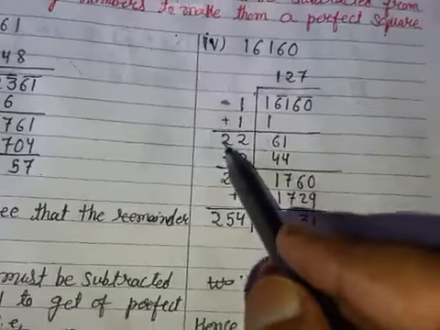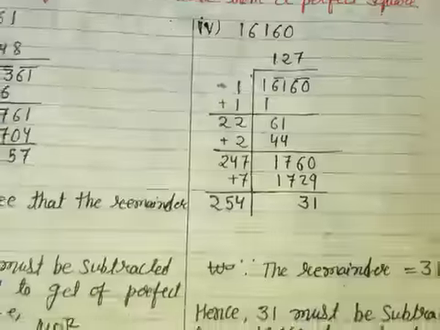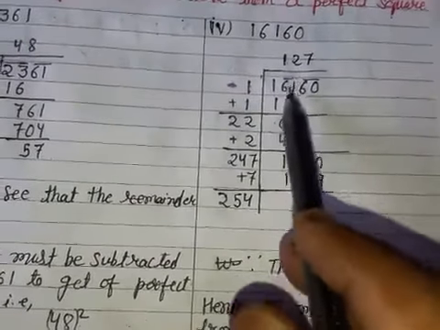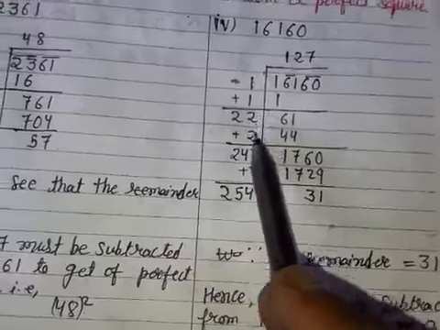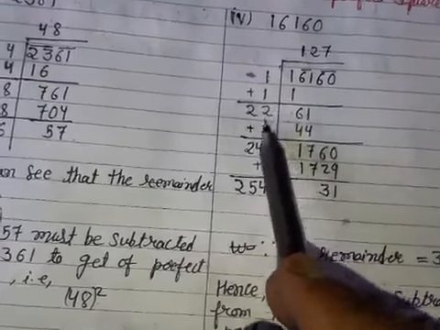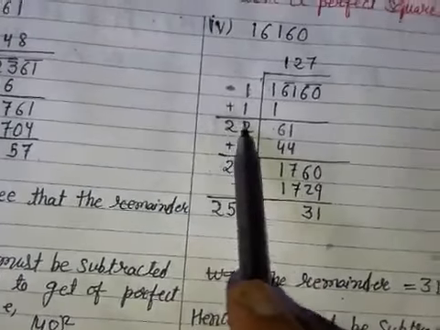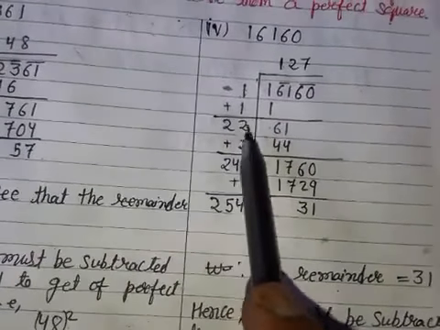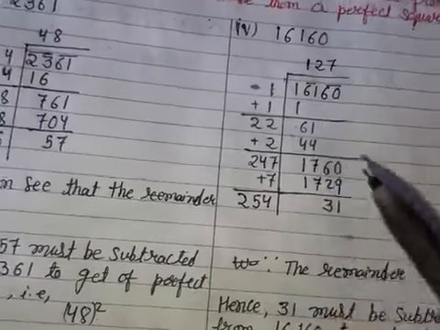Here 1 plus 1 is 2. Now the first pair is 61. If we multiply by 3, 23 3s are 69, which is greater than 61. So we take here 2, so we multiply by 2, and write 2 here also.